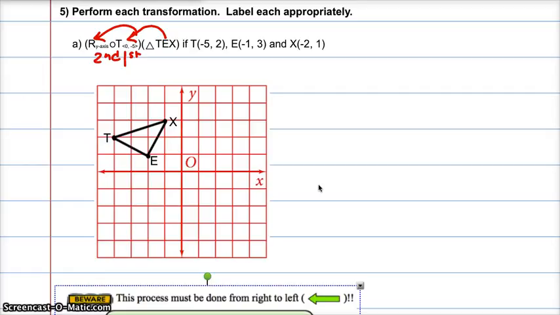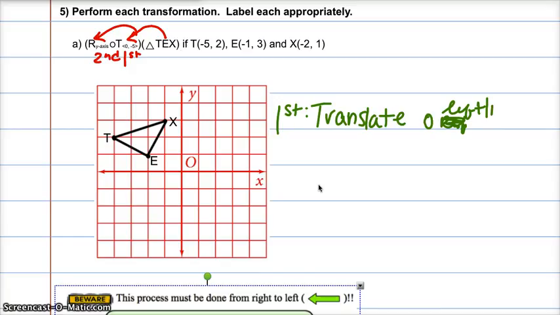It's telling you to first translate the triangle 0 left or right, and 5 down.